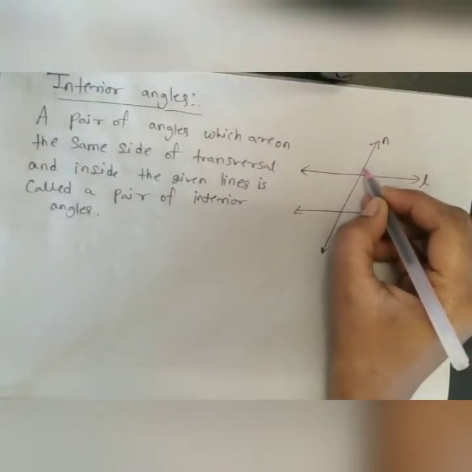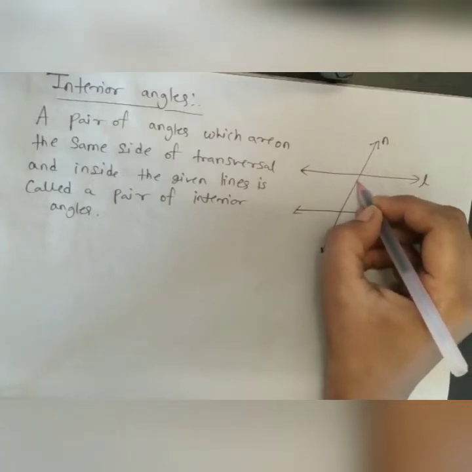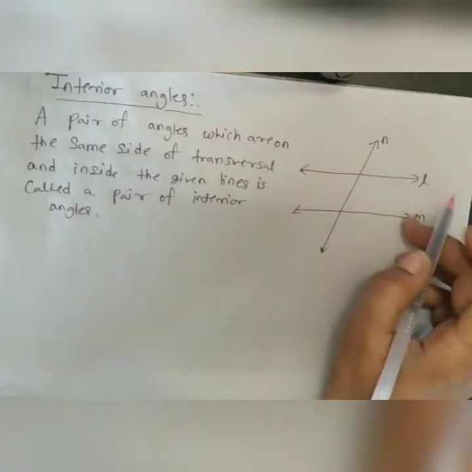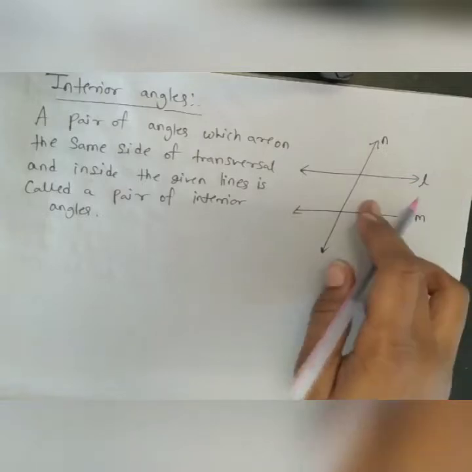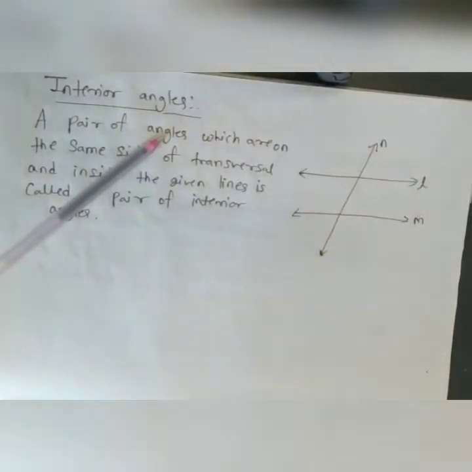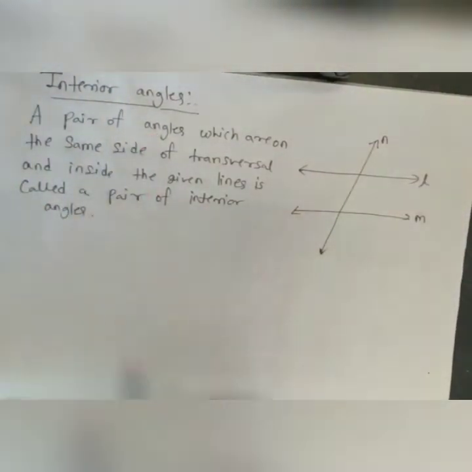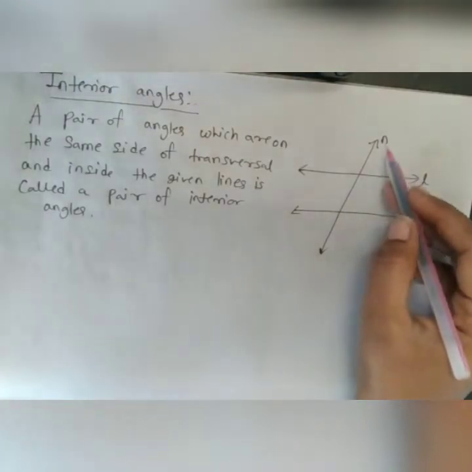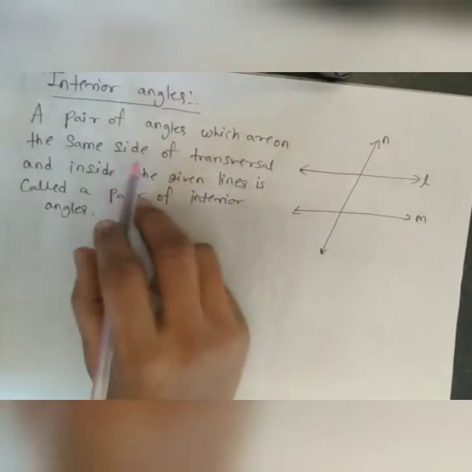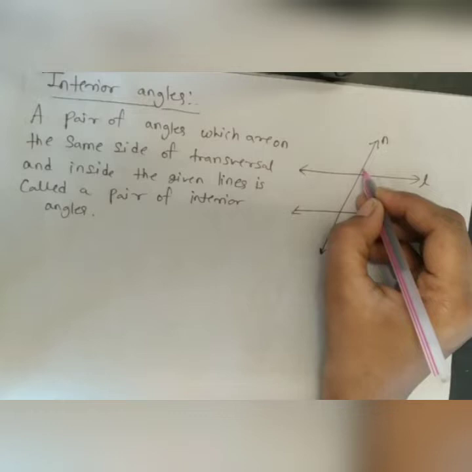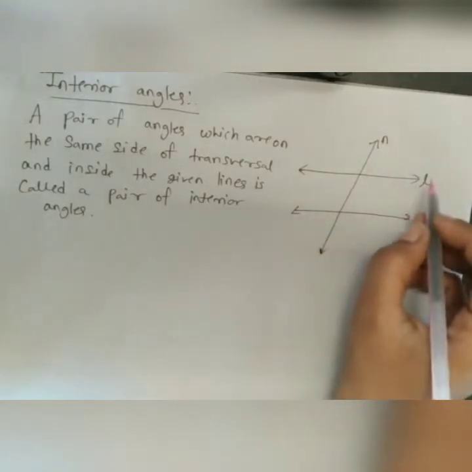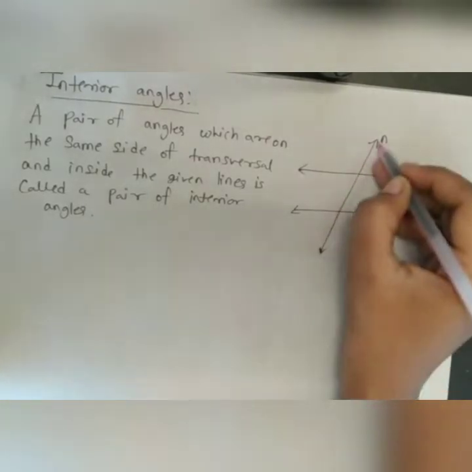Total, there are 8 angles formed by two parallel lines and one transversal.